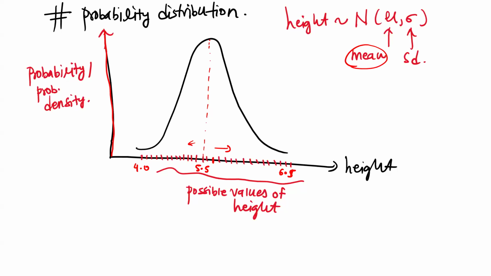If you sample one value out of this distribution, it is highly probable that you'll get this, but you can also get somebody with a 4.0 feet height or a 6.5. In general, the more people you sample, the more you'll see that their height is around 5.5.